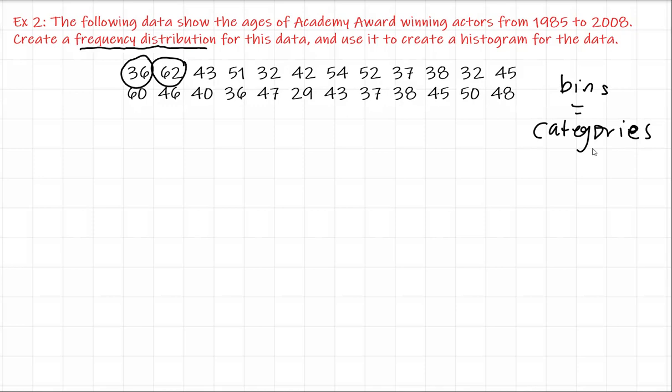But in this case, we're not really told how many bins we should use. So what we can do is just come up with our own bins. The only thing is that if you want to make sure you're showing everything fairly, our bins usually have to be the same width, right? So what we could do here is bin this data up by tens. We could do it by fives as well, but let's just do tens. If you want to try it by 5, go ahead.